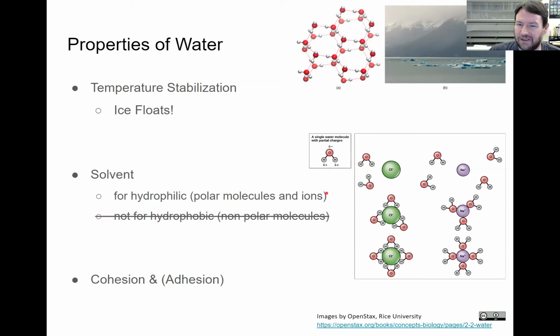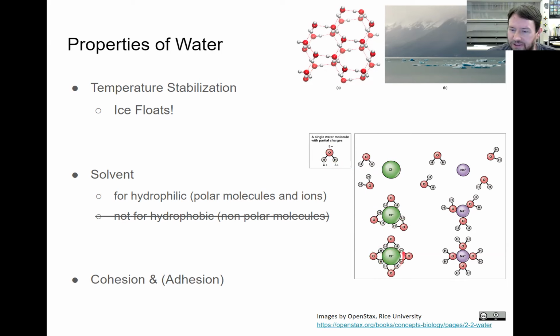Well, how do those water molecules dissolve hydrophilic substances? It's pretty simple. We have a water molecule that's got a slight negative charge on the oxygen, slight positive charges on the hydrogens. And if they surround a negatively charged ion, like the chloride anion, the hydrogens are going to surround that in what we call a sphere of hydration.